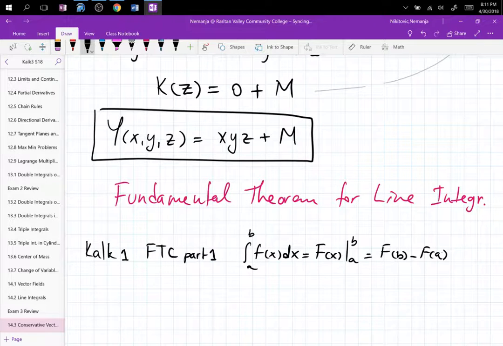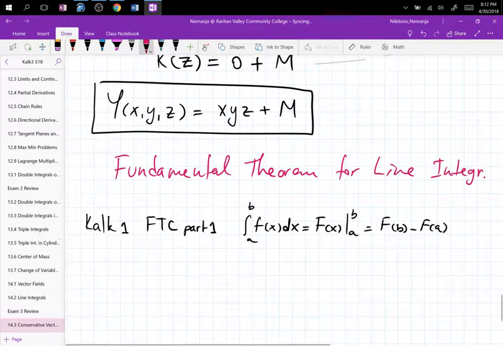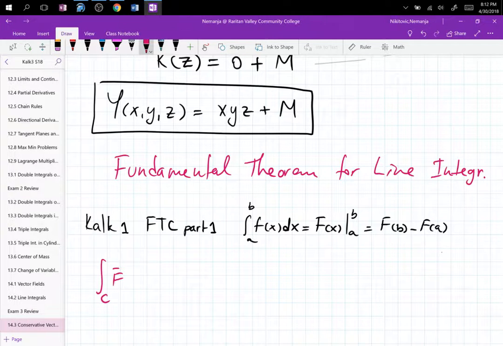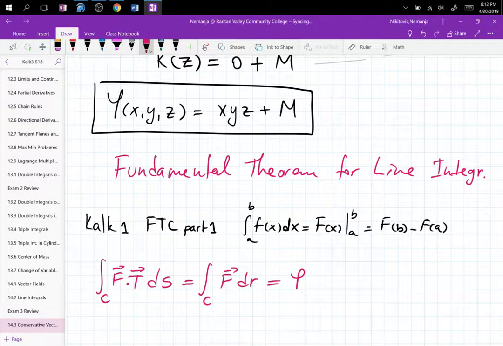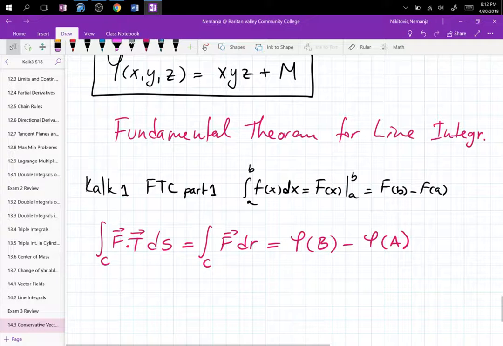Now, for the fundamental theorem of line integrals, we are going to write pretty much the same thing. I'm going to say that the line integral of the vector field F dot dr, that's our way to compute this, can be computed as phi of b minus phi of a.